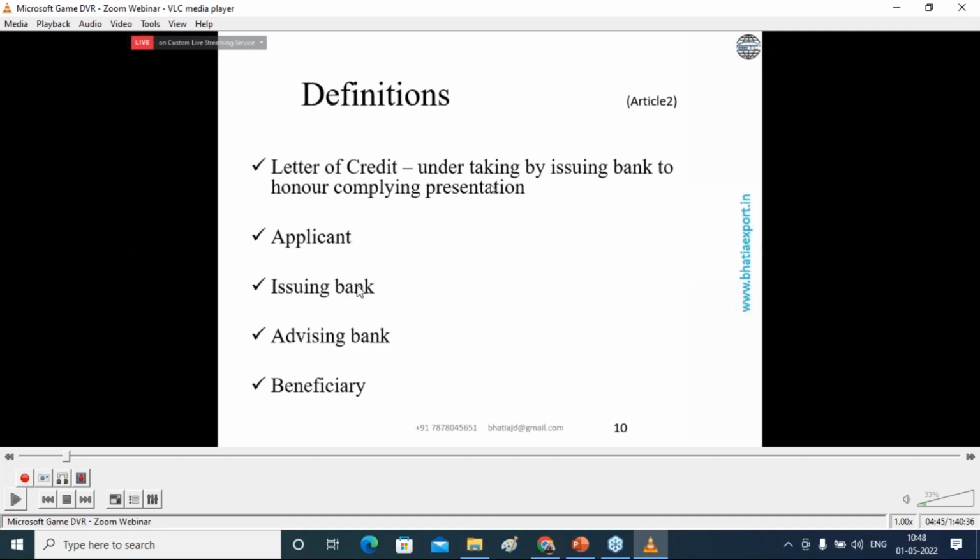Then on the seller's side there may be an advising bank, some intermediary banks, or a confirming bank, if the LC requires confirmation. The beneficiary is generally the exporter. The applicant is generally the importer, and the beneficiary is the exporter. In between these, the banks are there.